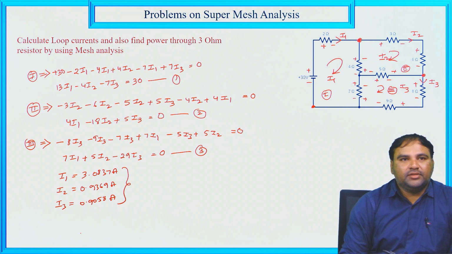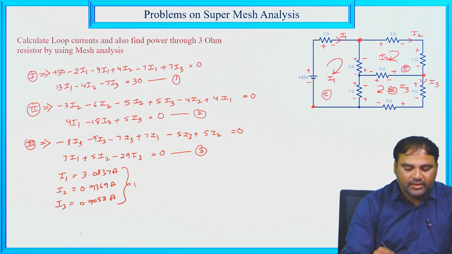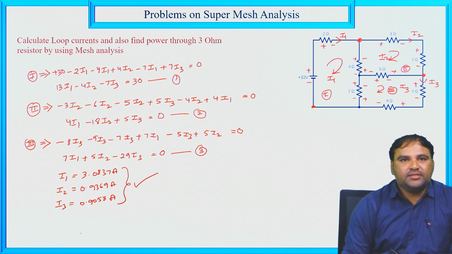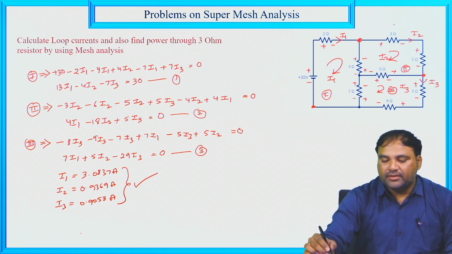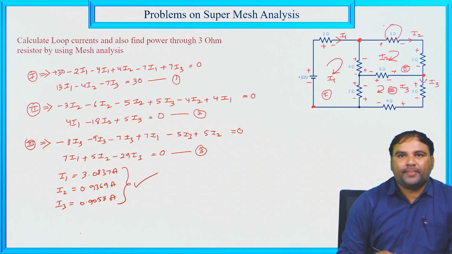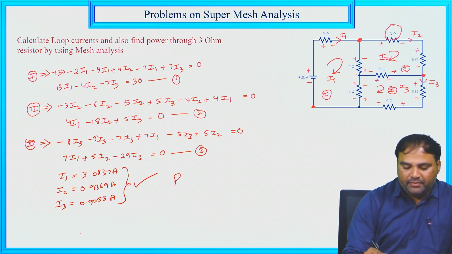Okay. So in that question, we need to calculate loop currents. So these are the loop currents and also find power through the 3 ohm resistor. So here we have the 3 ohm. Now power through 3 ohm equals current through 3 ohm squared times the resistor, which is 3.